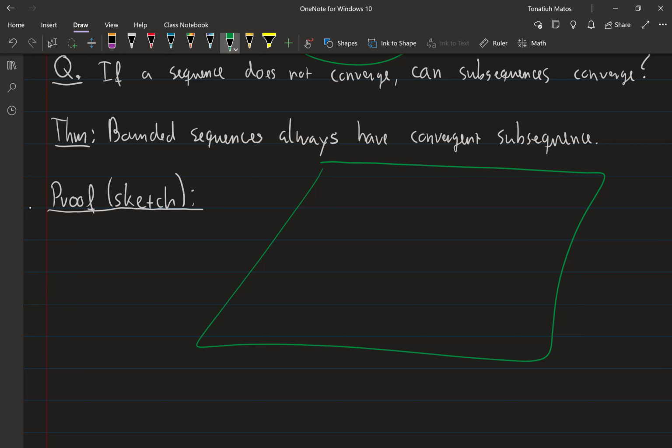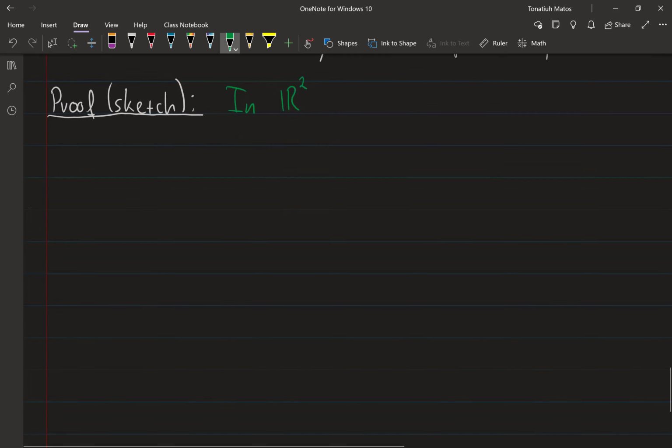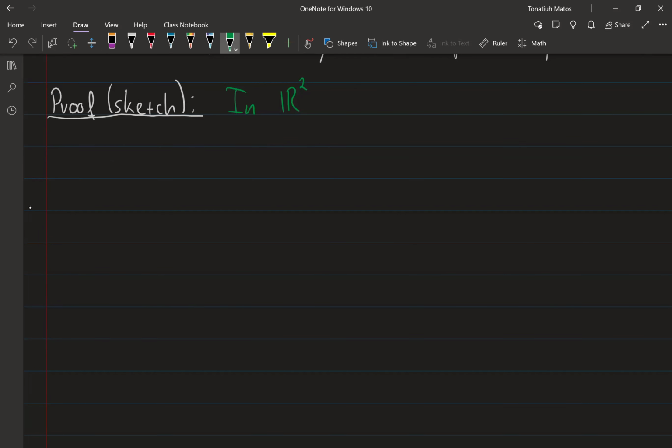And this is actually pretty beautiful if you think about this from a very intuitive perspective. So if you have a sequence of points, let's imagine this in R2. Of course, we usually write these proofs in R because it's simpler, but imagine this in R2, I feel like this is useful. So there must be a ball that contains everything because that's what bounded means. It means that everything happens inside some ball.